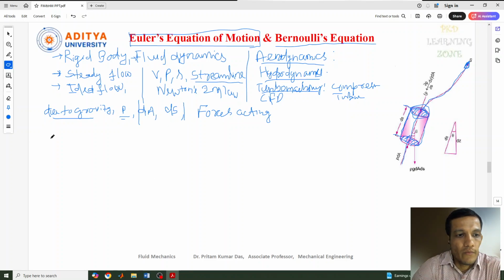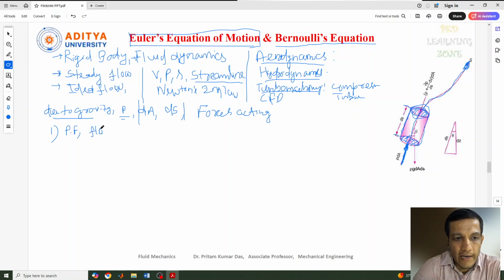Now, first, the force which is acting at one end of this cylindrical object, suppose this is the bottom part, at this bottom, what is the force acting here? If you see, there is a pressure force acting at this area, which is in the direction of flow. This is the direction of flow, you can see the arrow mark here. So I can write the pressure force in the direction of flow.